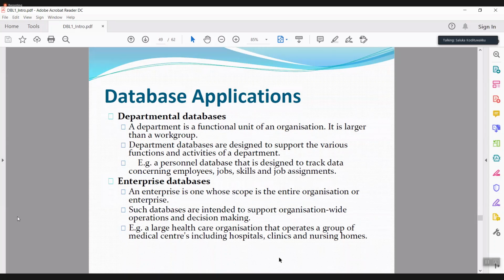And that is where we are now, because now we don't need to worry where our account is maintained. We can access it through BOC ATM, People's Bank ATM, Sampath Bank ATM, Commercial Bank ATM, or whatever. That is because our enterprise database scope is bigger.